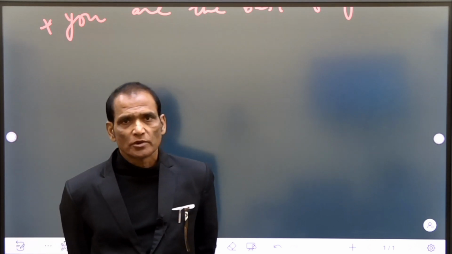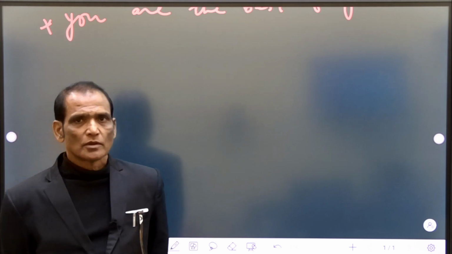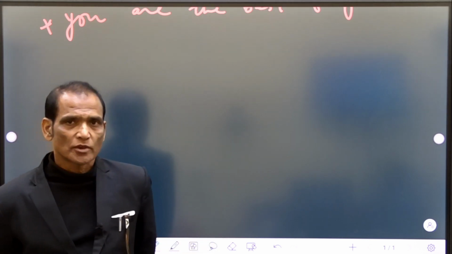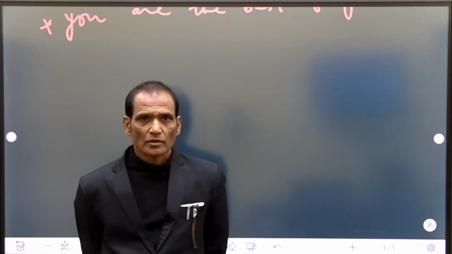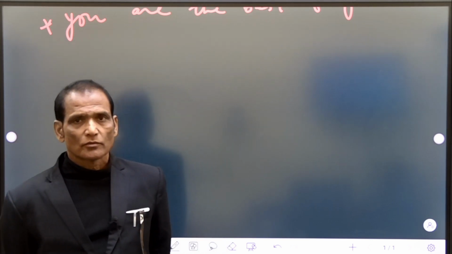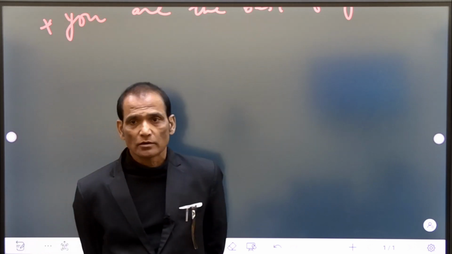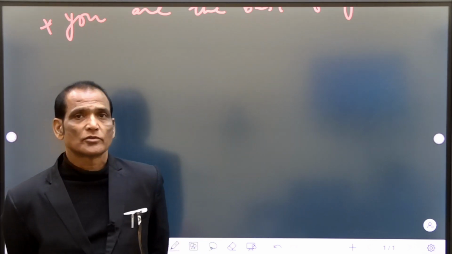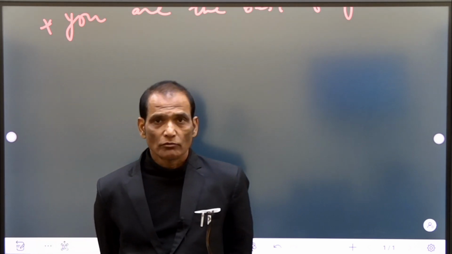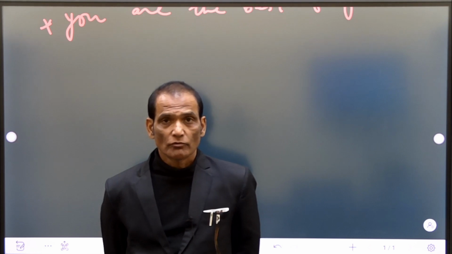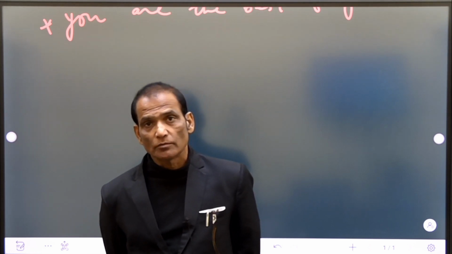To show the possession of he, his is used. To show the possession of they, their is used. But when more than one pronouns are combined in a sentence, then which pronoun is used to show their possession?